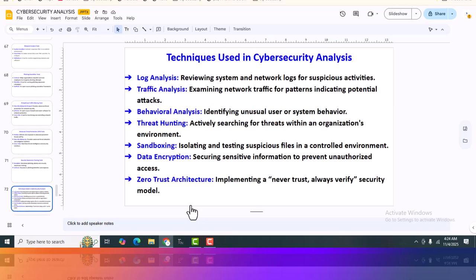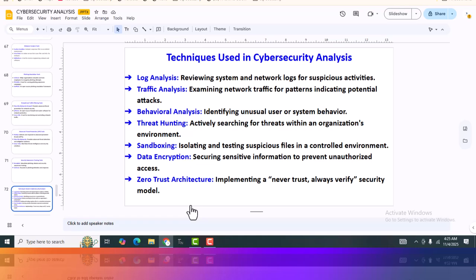There are some techniques that we use in cyber security analysis. One is called log analysis. We review system and network logs for suspicious activities. We also carry out traffic analysis and behavioral analysis, especially for malware analysis.